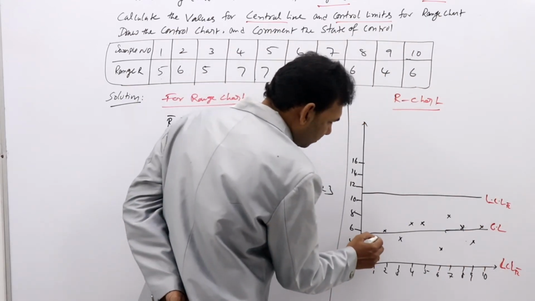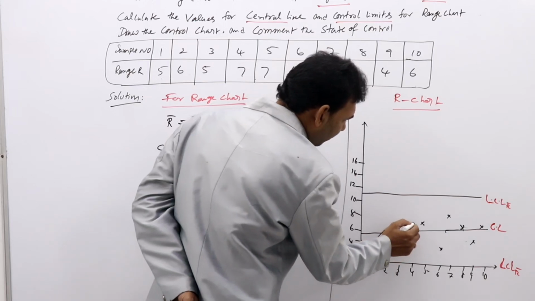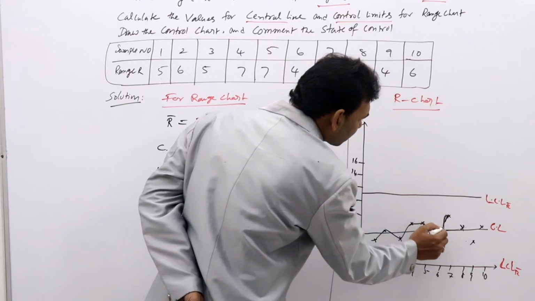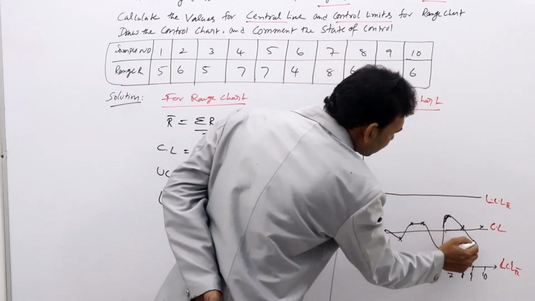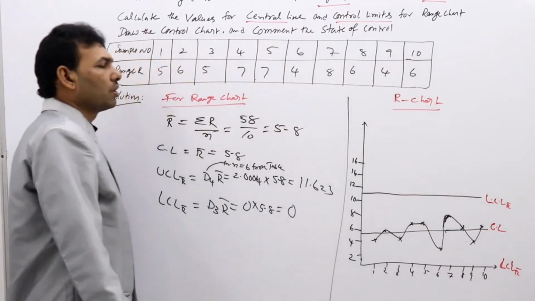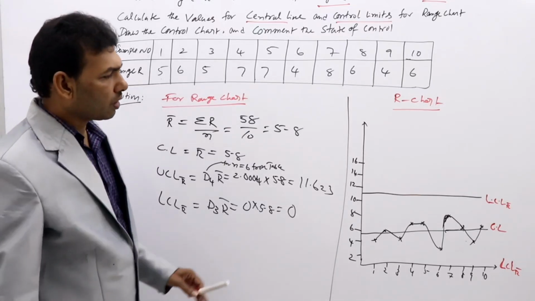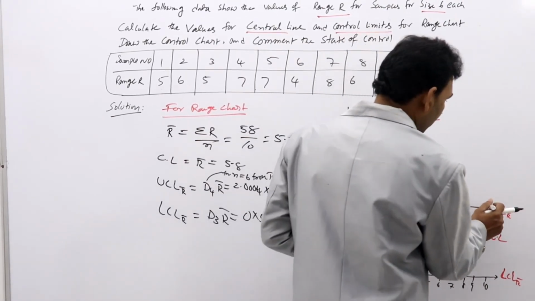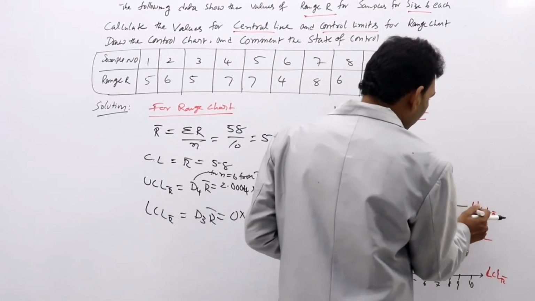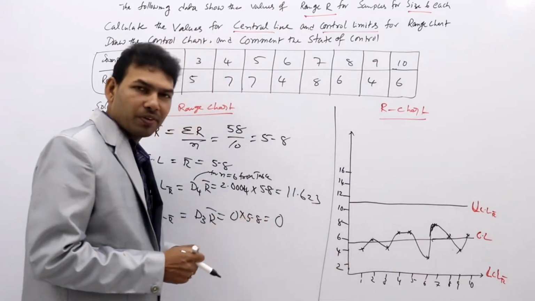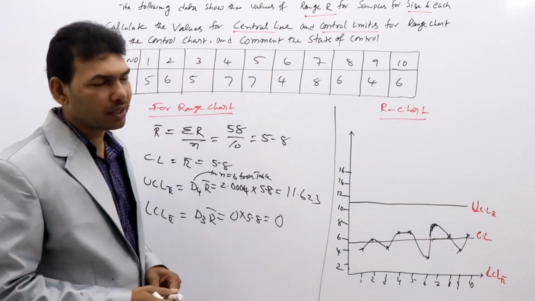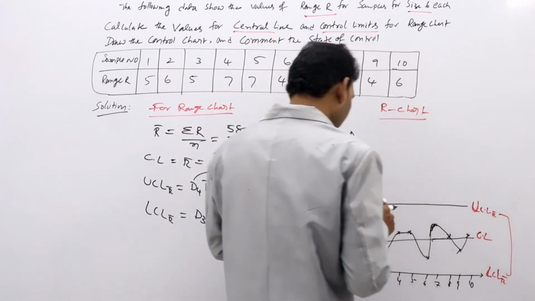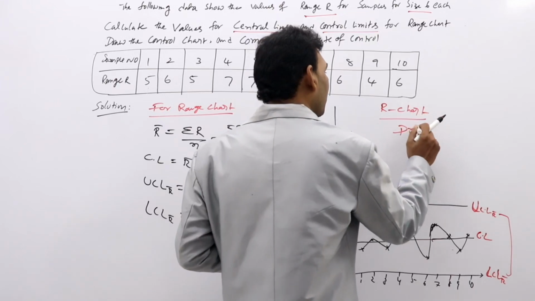Now join these points, and you will get a graph like this. If you observe, the complete graph is in between UCL and LCL. This is UCL, the upper control limit. The complete graph is in between the upper control limit and lower control limit. So in between these two, we can say the process is under control.